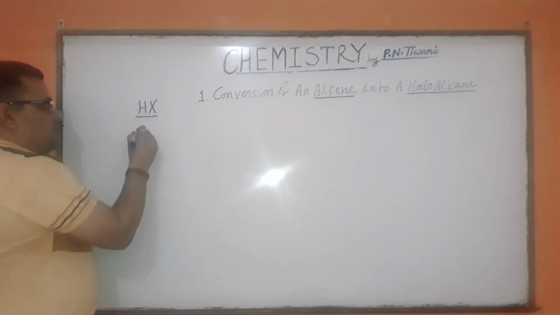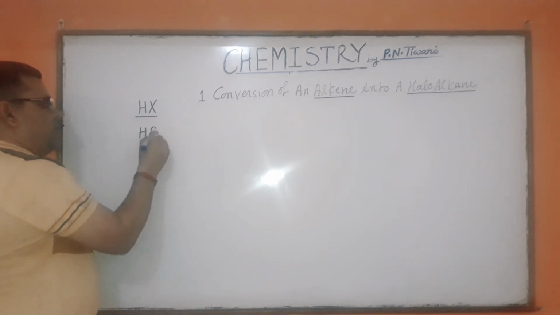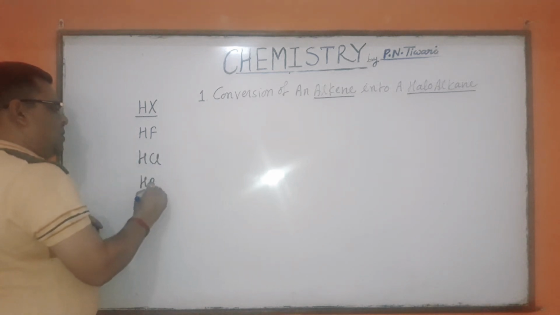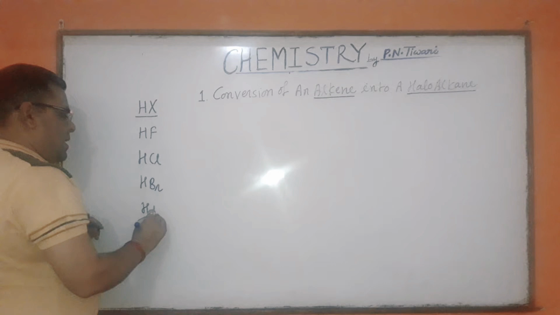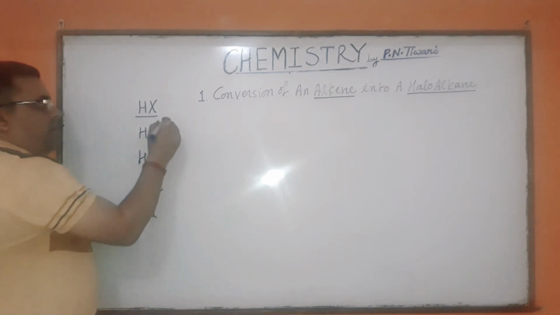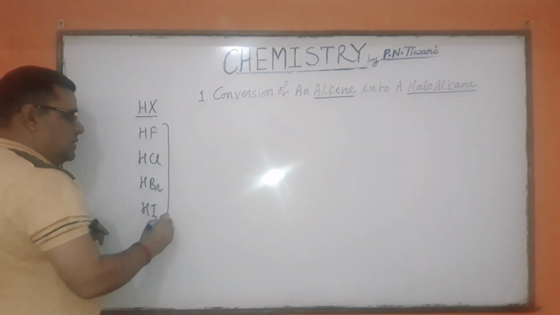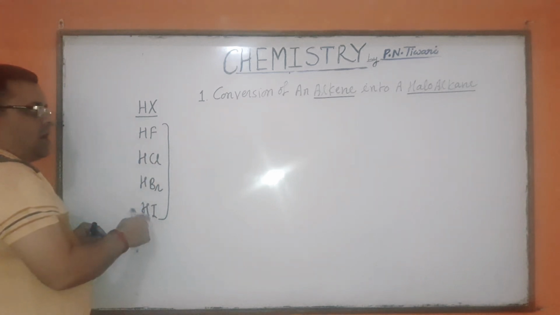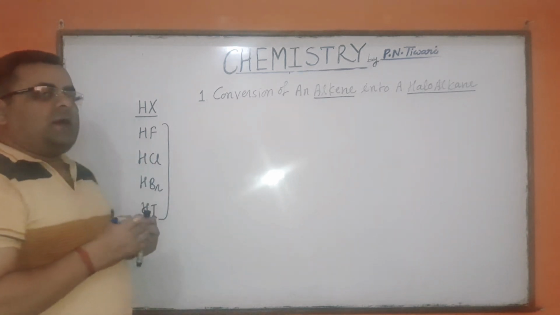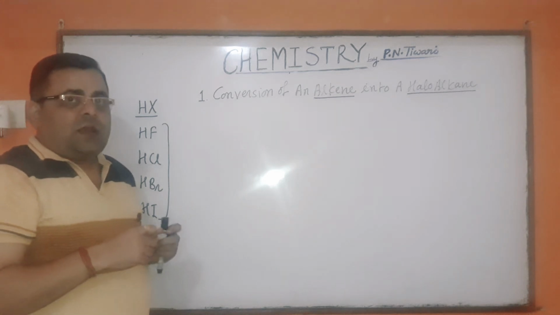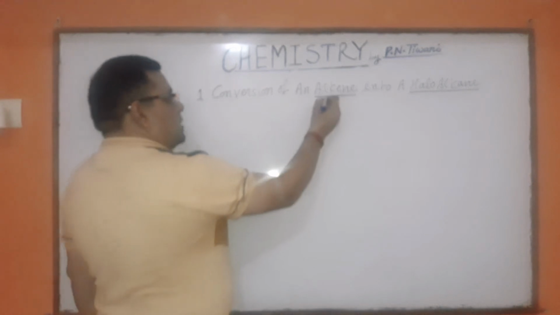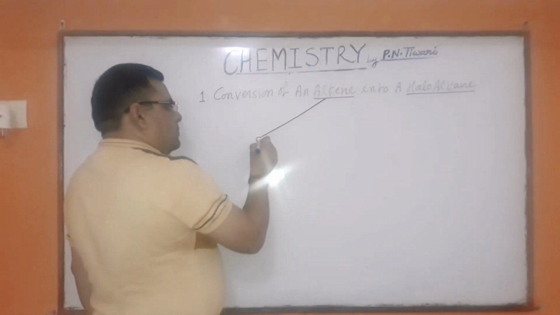In place of X, if we write fluorine, then it is hydrofluoric acid, hydrochloric acid, hydrobromic acid and hydroiodic acid. So if any alkene is reacted with any halogen acid like HF, HCl, HBr or HI, then a haloalkane can be prepared. But my dear students, you know that alkenes are of two types.